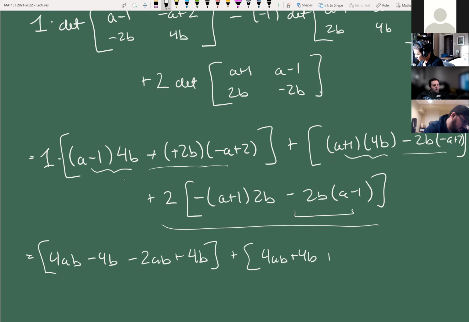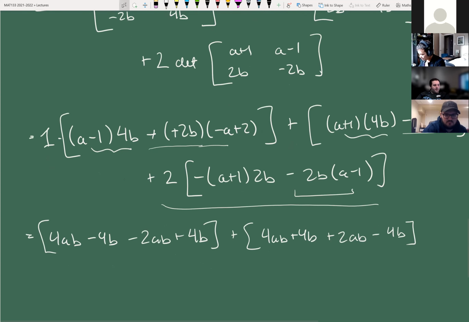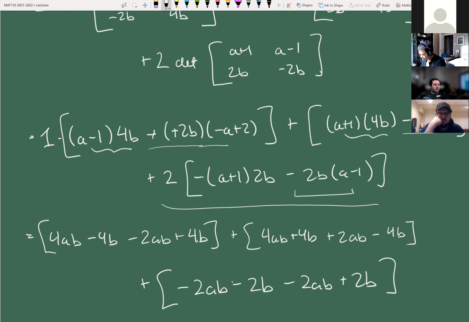And then this is going to be plus 2ab plus or minus 4b, right? Yep. Plus, so negative 2ab minus 2b minus 2ab plus 2b. There's a 2 in front of this whole bracket. Yes. Oh, and that's actually the thing I was missing before, was that extra 2.